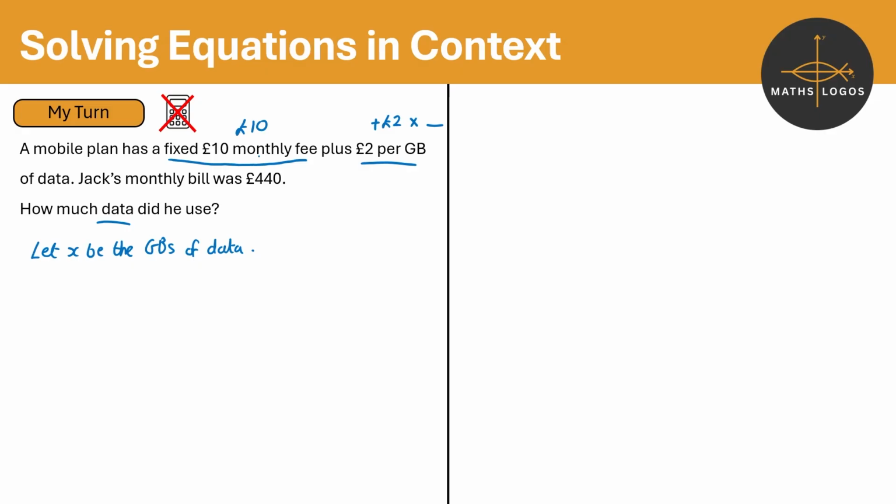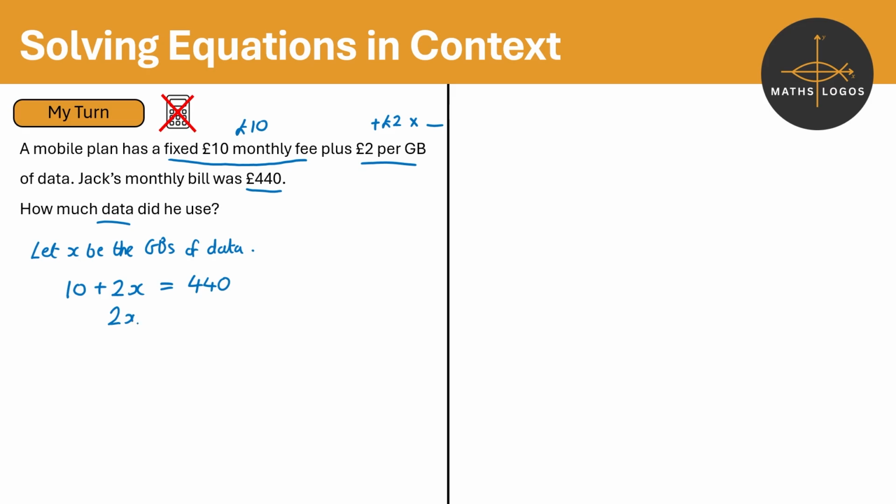There's a £10 monthly fee, so that's fixed. It doesn't increase as the gigabytes of data used increases. But we have to add on £2 for every gigabyte, so £2 multiplied by the number of gigabytes, in other words, 2x. That would be the total cost of his bill each month. And the question tells us that Jack's monthly bill was £440. So this is equal to 440.